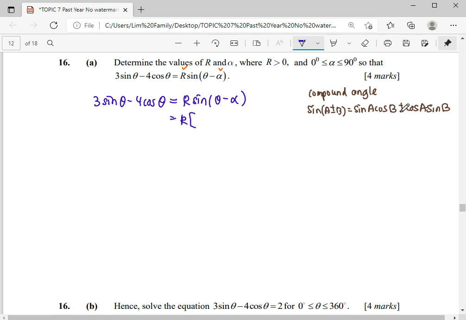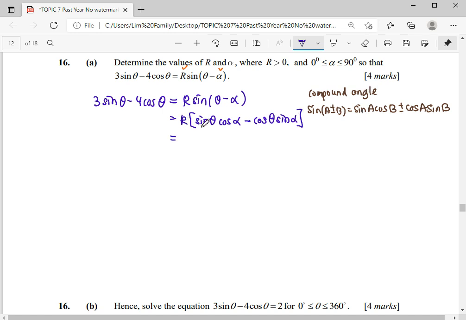When we expand the compound angle for sine, we will get sine A, which is sine theta, and then cos B, cos alpha, minus cos A, which is cos theta, then sine alpha.